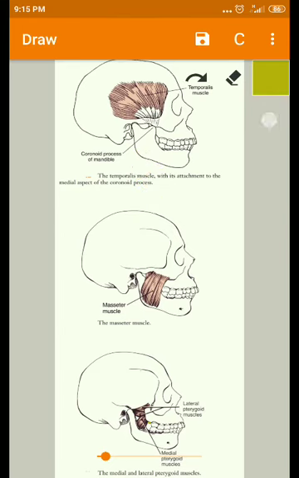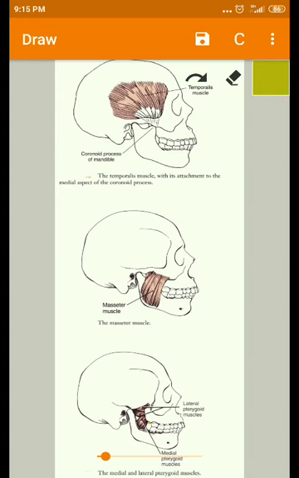The suprahyoid muscles are the digastric, geniohyoid, mylohyoid, and stylohyoid muscles, whereas the infrahyoid muscles are omohyoid, sternohyoid, sternothyroid, and thyrohyoid. Totally 8 muscles are present in the secondary muscles, which control the motions in the temporomandibular joint.